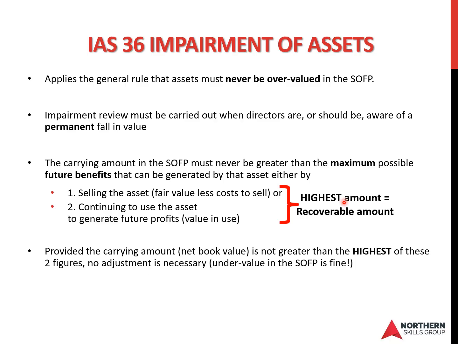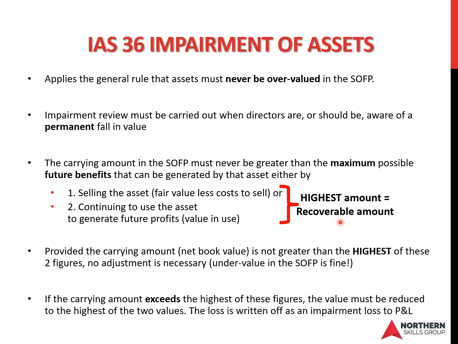Provided the highest of those two figures is the same as or more than the carrying value, then we don't require any adjustment. If we're showing the asset at less than its recoverable amount, that's fine, but we can never show it at more than that recoverable amount.